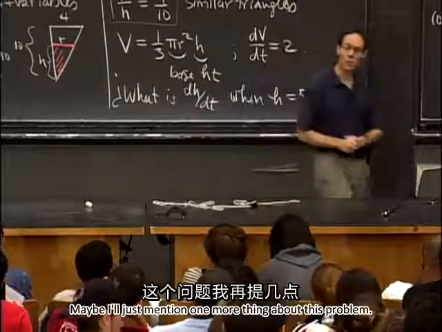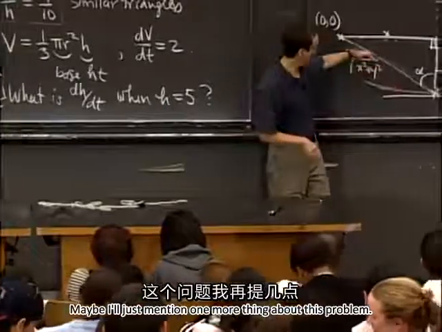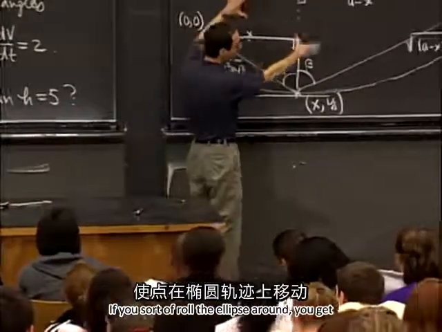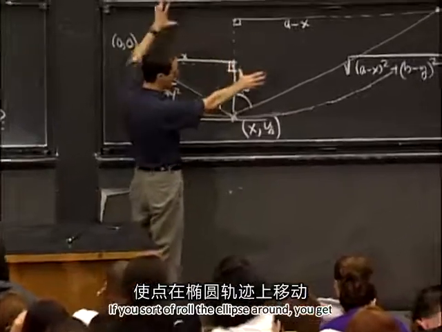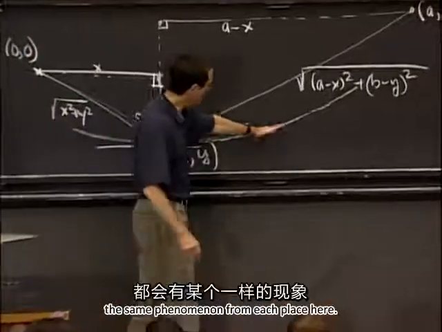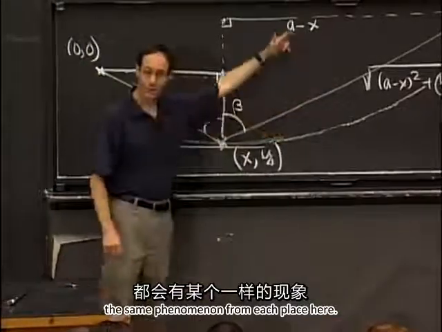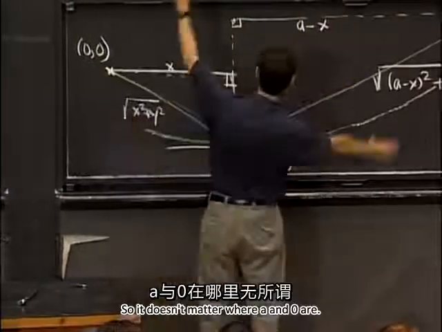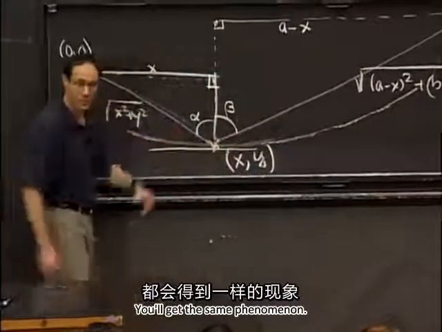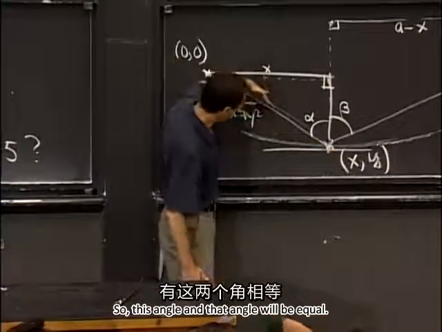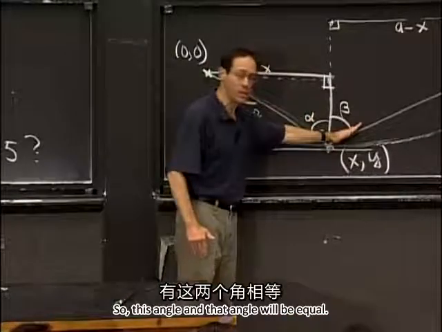Maybe I'll just mention one more thing about this problem. So this is a very amusing problem from a completely different point of view. If you roll the ellipse around, you get the same phenomenon from each place here. So it doesn't matter where A and 0, 0 are, you'll get the same phenomenon. That is the tangent line, so this angle and that angle will be equal.